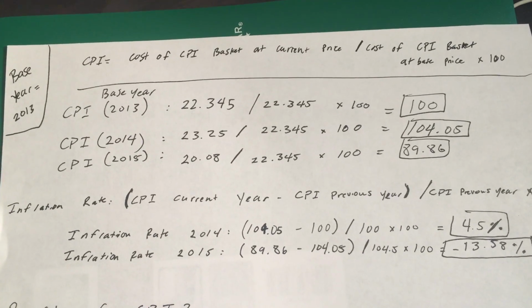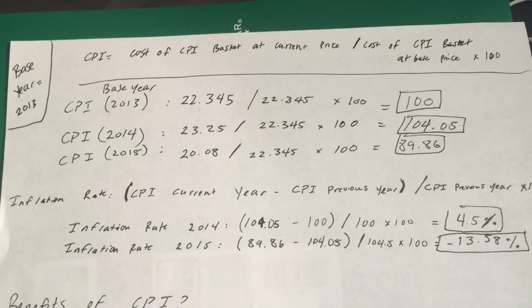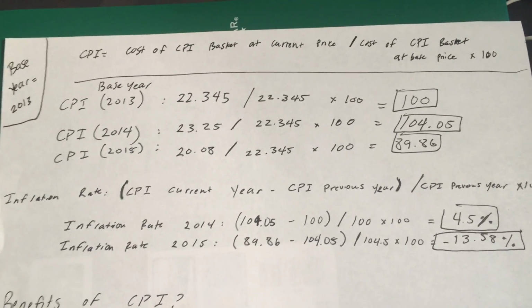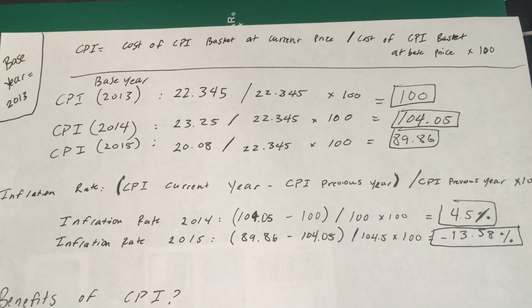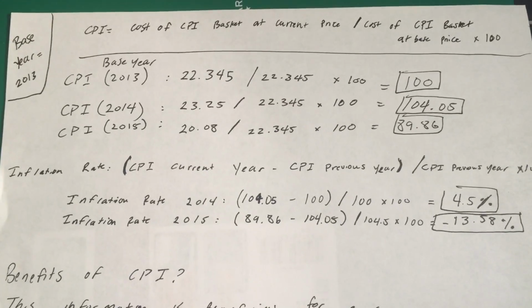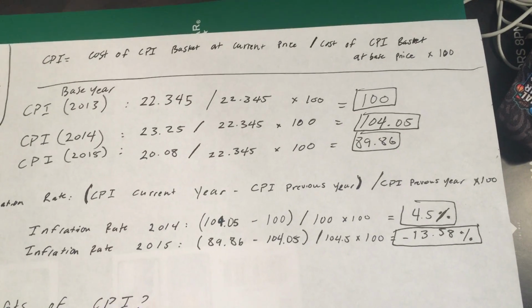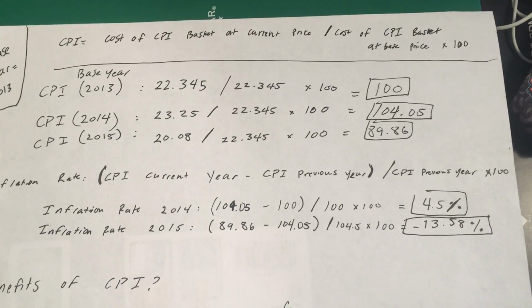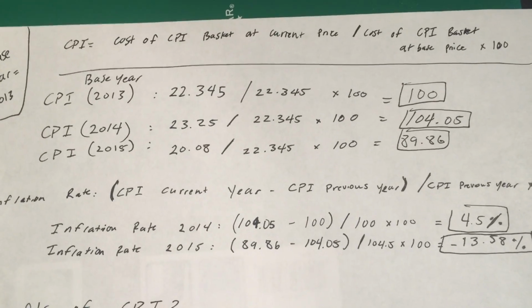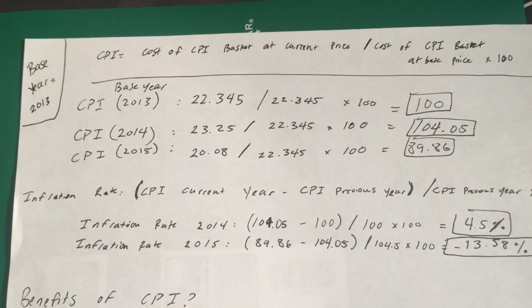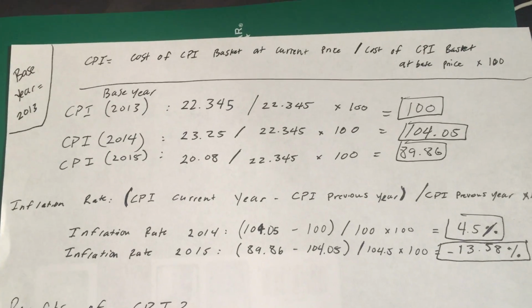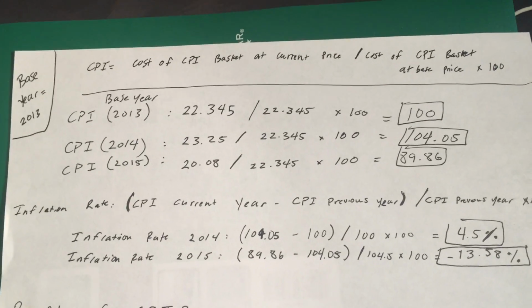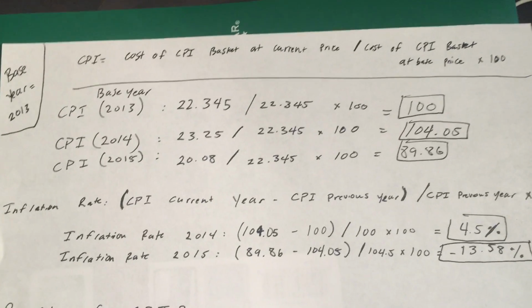Now that I have the total CPI, I can calculate the inflation rate, which the equation is CPI of the current year subtracted by CPI of the previous year, divided by CPI of the previous year, multiplied by 100. 2013 was the base year, so you couldn't calculate the inflation rate for that year.